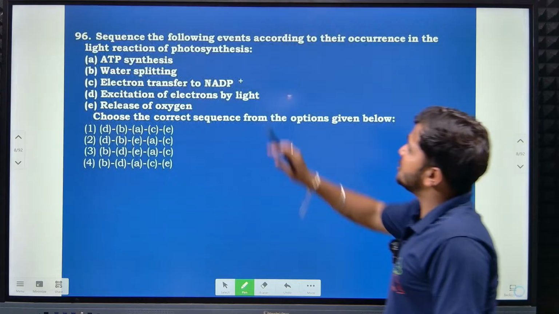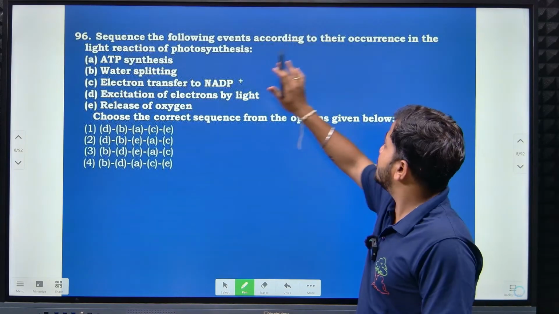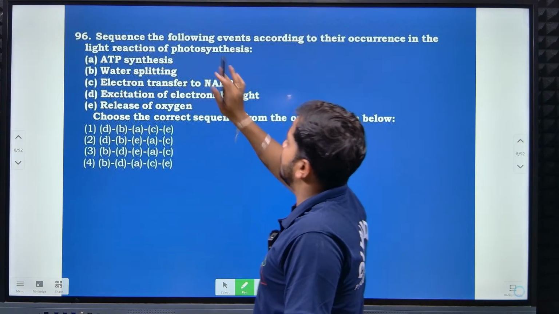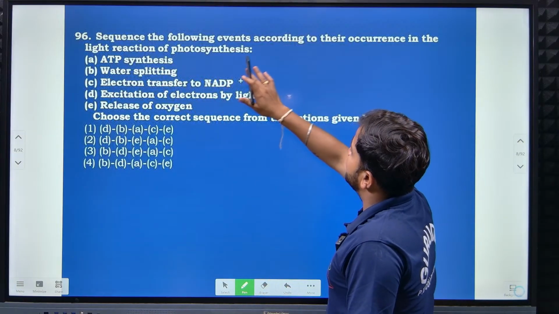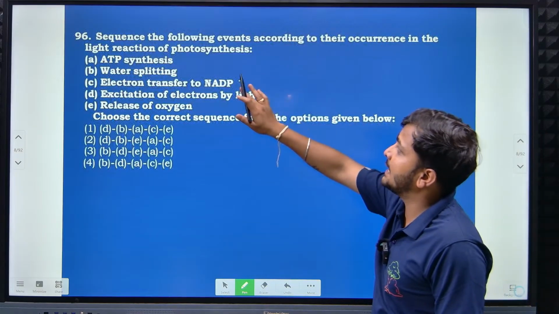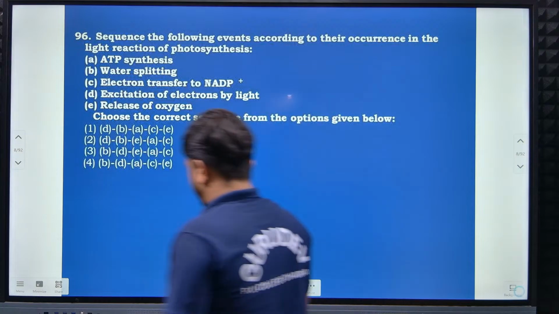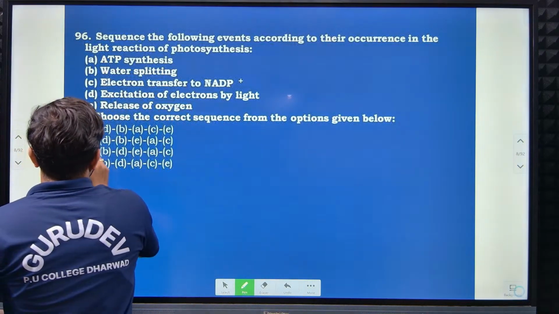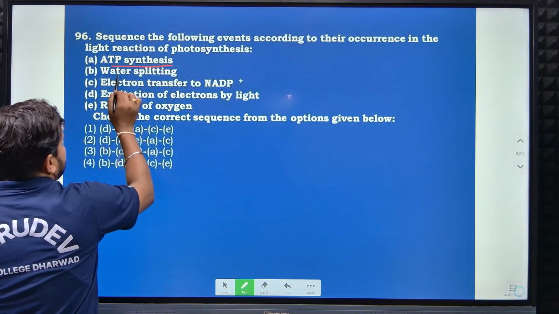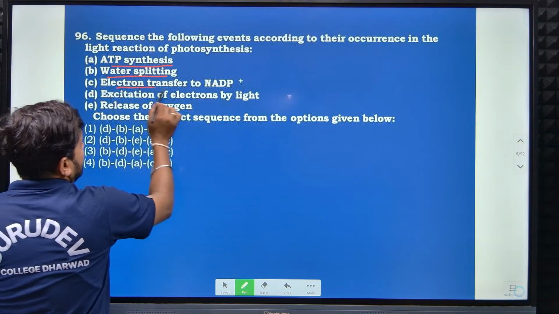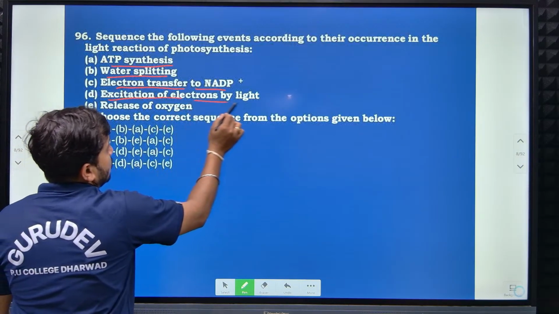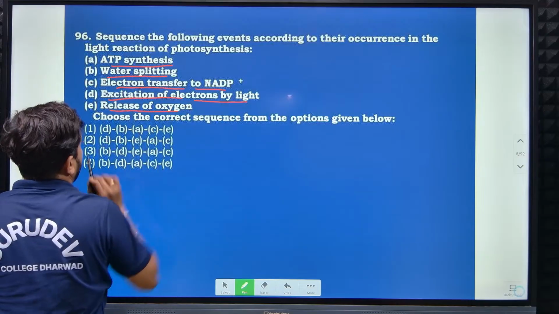Then the sequence of the following events according to their occurrence in the light reaction of photosynthesis. Here A is ATP synthesis, then water splitting, then electron transported to NADP, then excitation of electrons by light and release of oxygen.